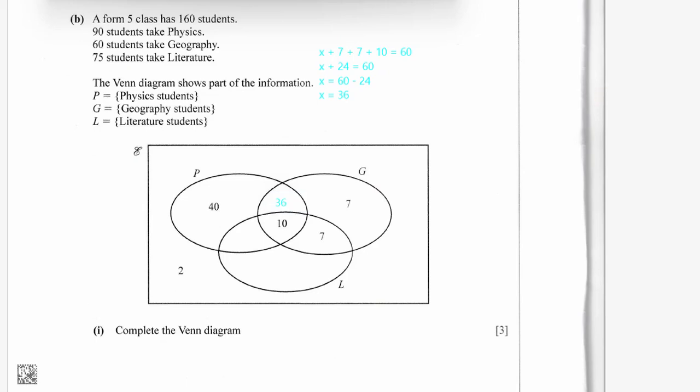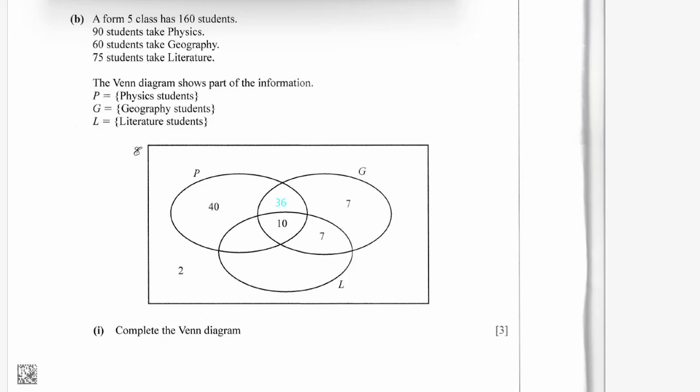Now next, which circle has only one unknown? That's obvious. It's physics, which means we just need to put in an unknown letter here.